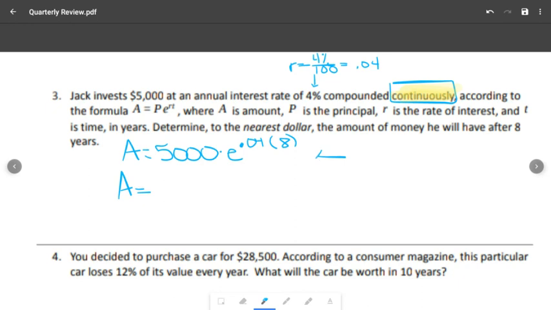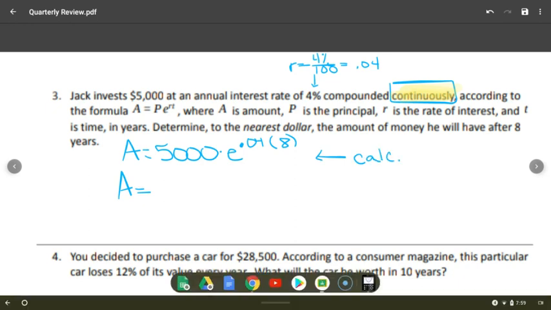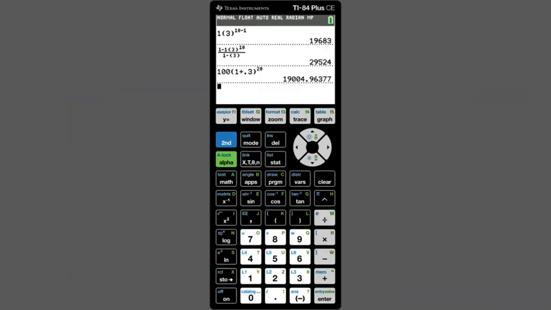So again, we are going to take this and just plug it straight into our calculator. So 5,000. e is second, the blue button. ln, third button up on the left. It's right next to the number 4. There's your e to the 0.04 times 8 power.